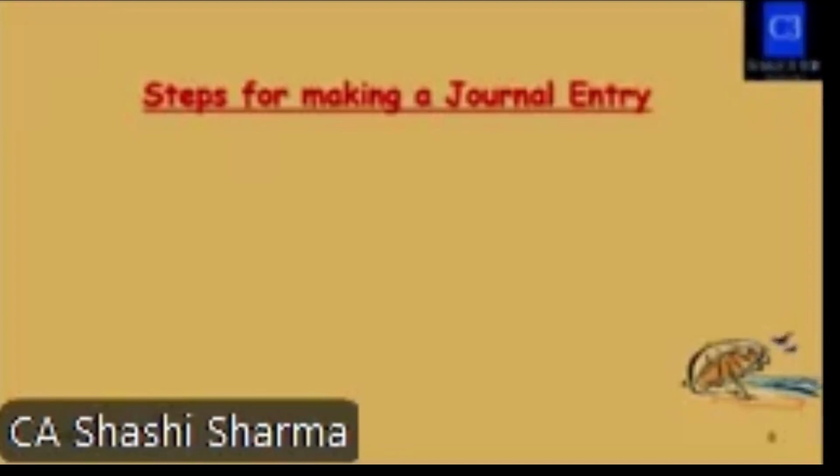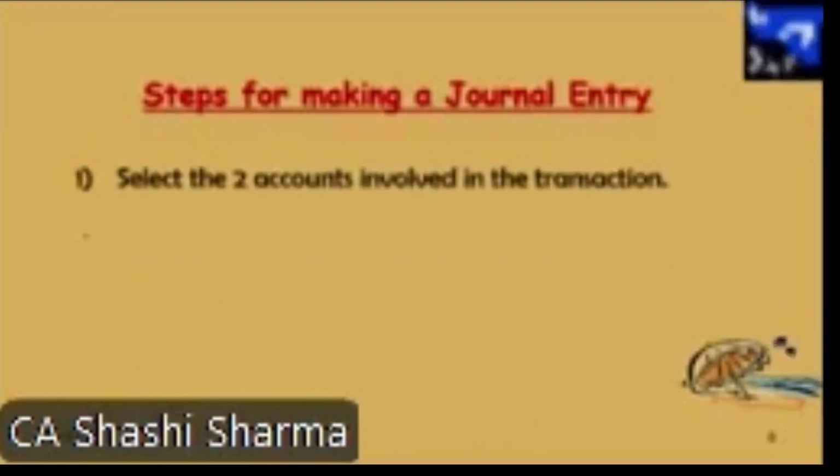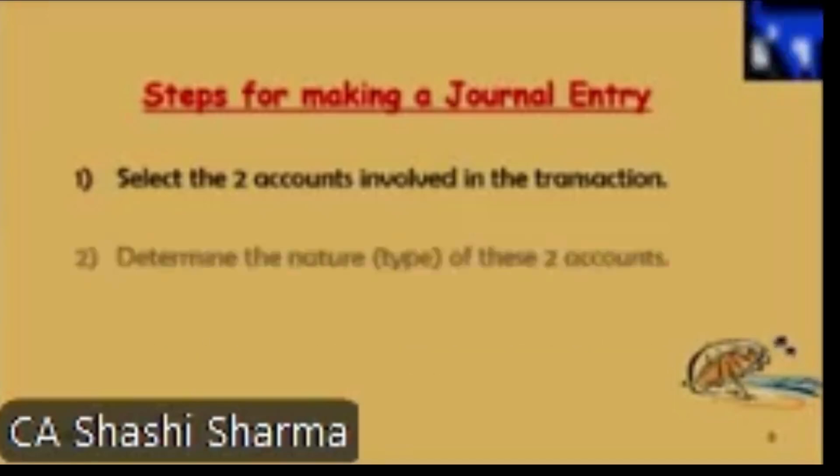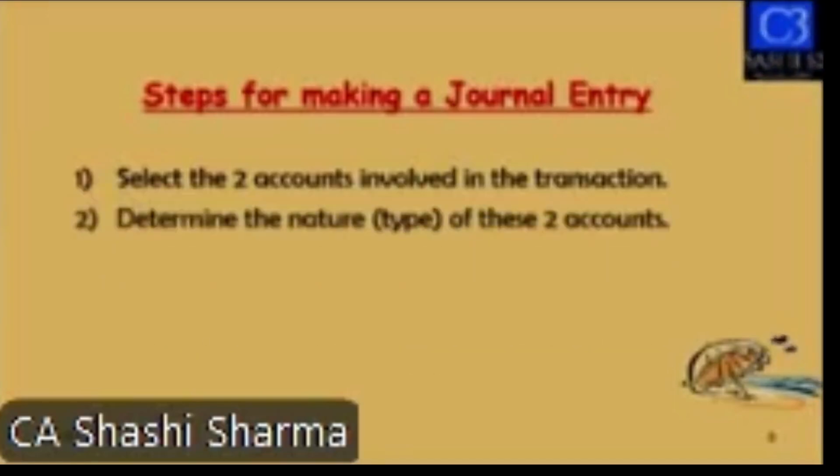So what are the steps involved? The first step is, first of all, look at the transaction, read the transaction, go through the transaction, and select the names of two accounts which are involved in the transaction. Step 2, decide about the nature of those two accounts. We are studying double entry system.